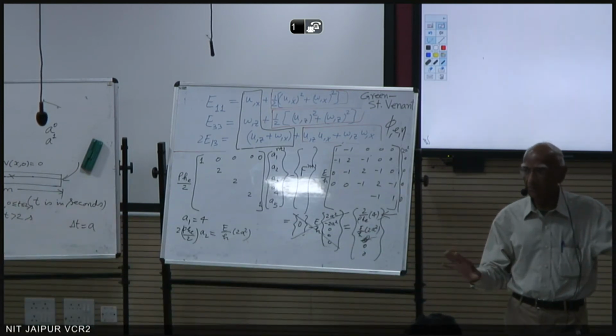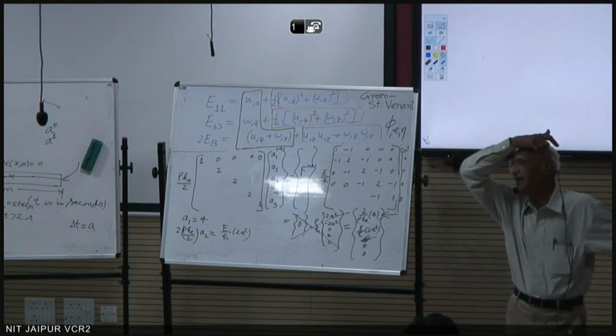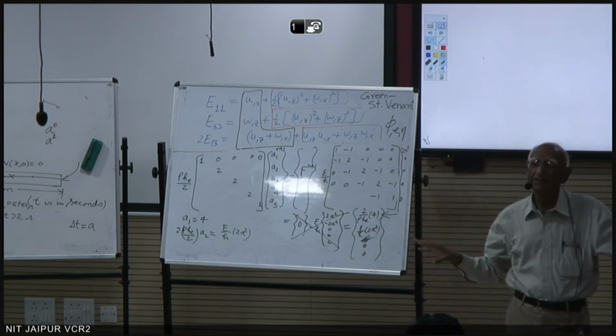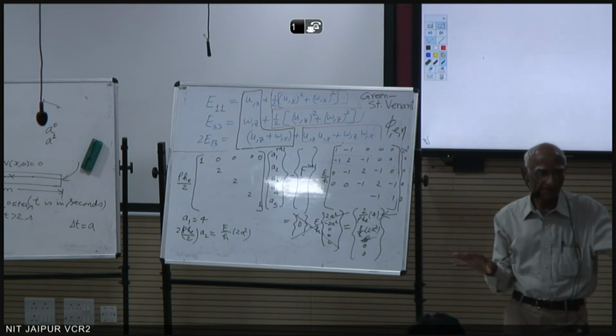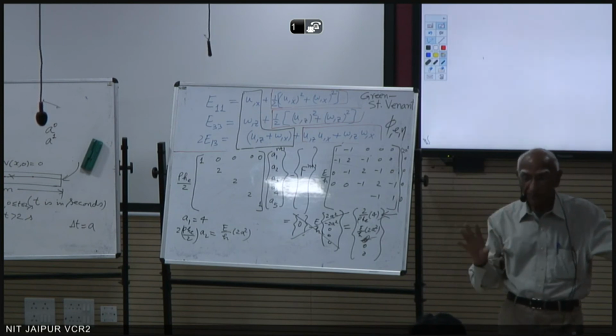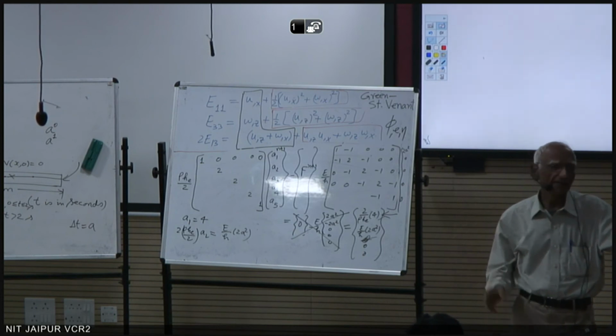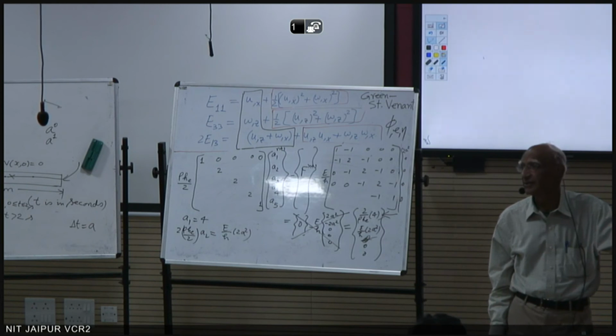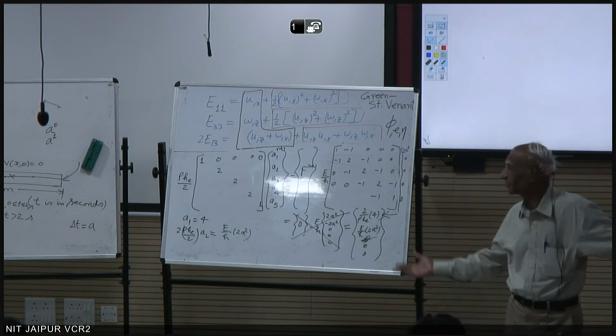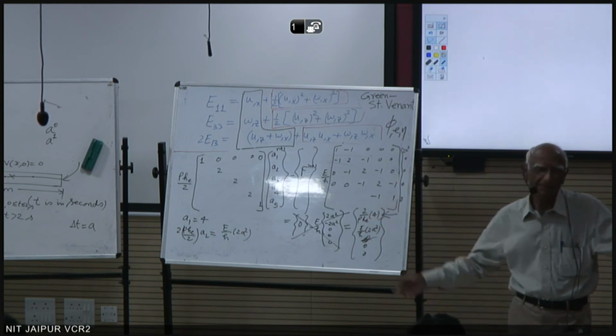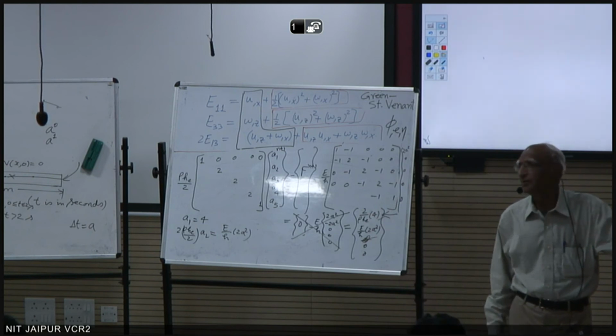Right? Even actually for 10 nodes, one can do by hand. So you are learning the procedure. And if you want to get a good solution, like wave speed correctly, then as I said in the morning, you need something like 200 or 1,000 elements. You cannot expect to get wave speed with only 4 elements.